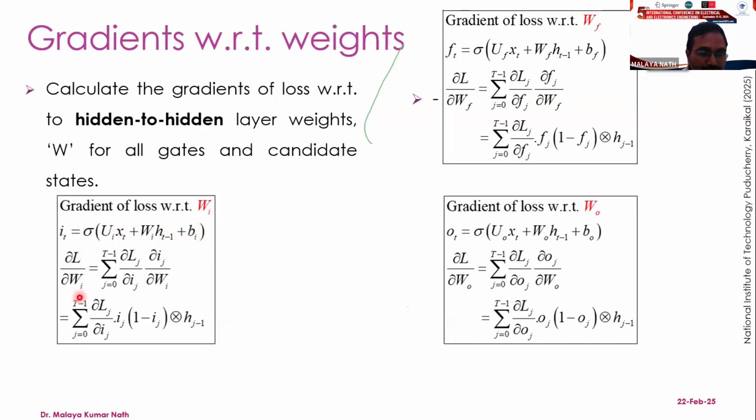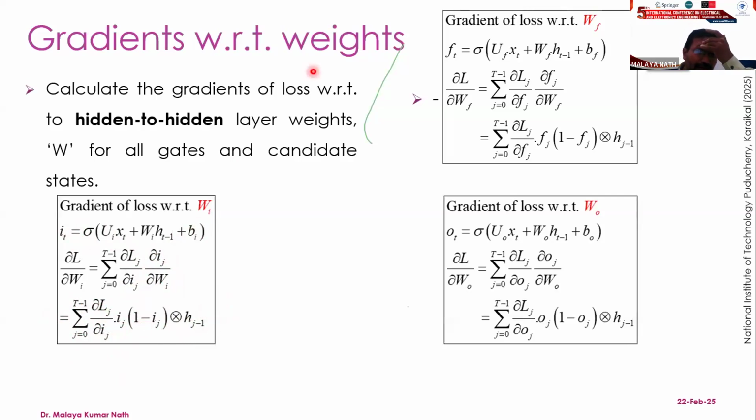So del L by del Wi, the derivative of loss with respect to the weight associated with the input gate, can be represented as summation j equal to 0 to t minus 1 of del Lj by del Ij and del Ij with respect to del Wi. Now substitute the value of Ij in this expression and simplify. We can reach summation j equal to 0 to t minus 1 of del Lj by del Ij into 1 minus Ij into h of j minus 1.